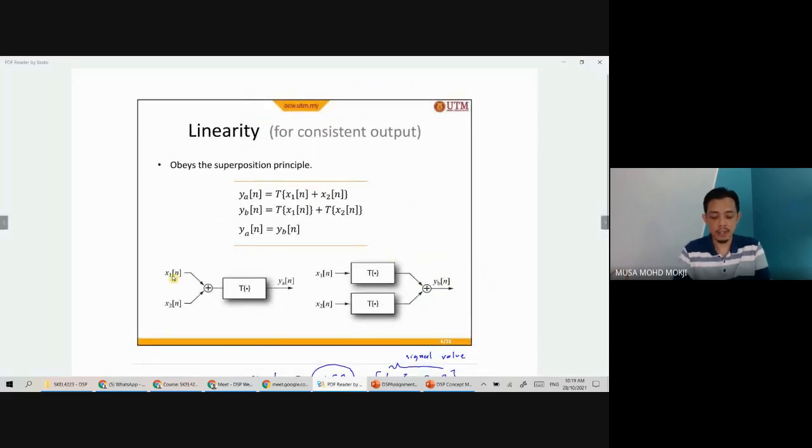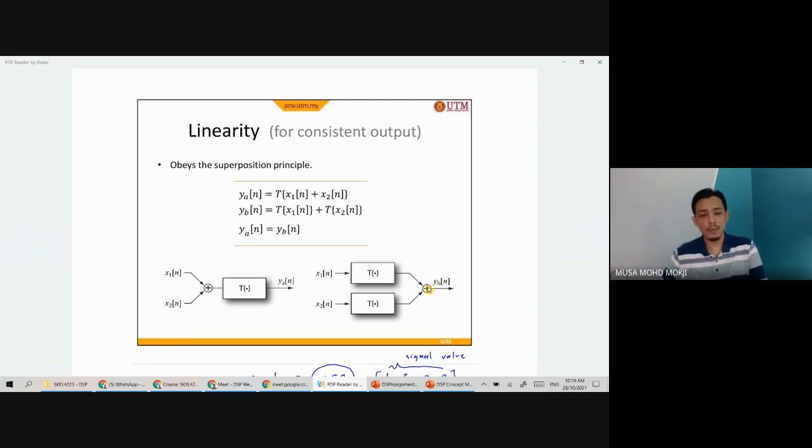If we have 2 signals and you sum them and then do the process, or do the process first on each signal and then sum the outputs, you should get the same thing, y_a plus y_b, exactly as the analogy of buying the item.